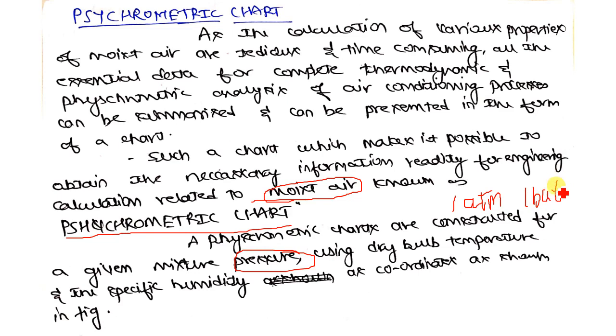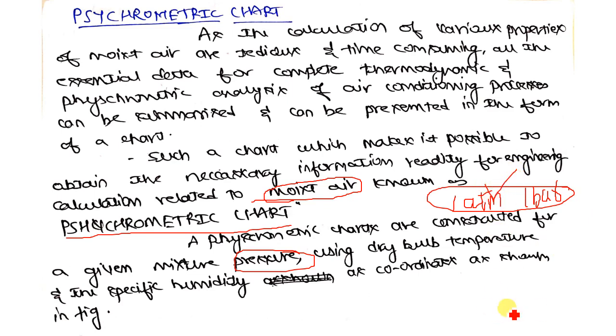If you change the pressure, then you have to build a separate psychometric chart for that particular pressure value. Generally the air and water vapor analysis, that is the moisture analysis, would be done at atmospheric pressure itself, correct? So we will be using only one chart, which is constructed based on atmospheric pressure.